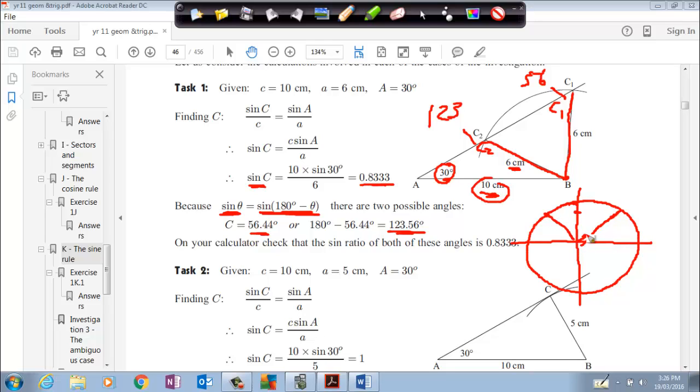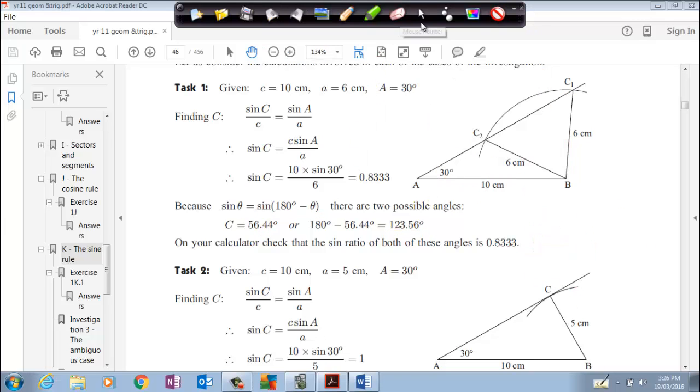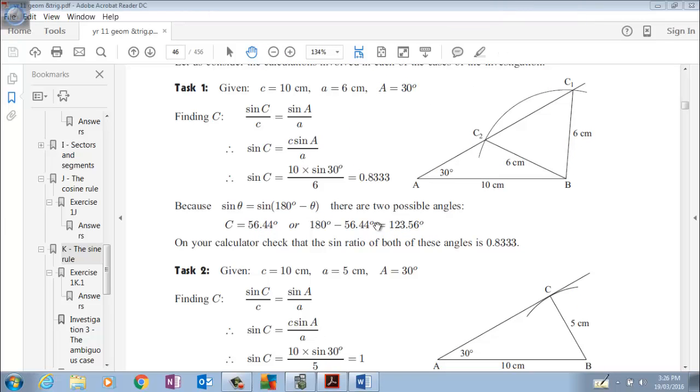Both have a sine of 0.8. This angle here is the 56 degrees, whereas this angle going all the way over to here is 123. Both giving a sine value of 0.83. That's another way of thinking of it. Okay, best if we see an example.